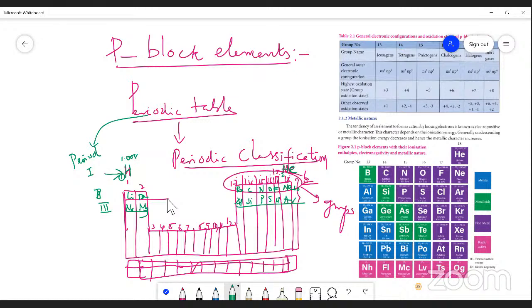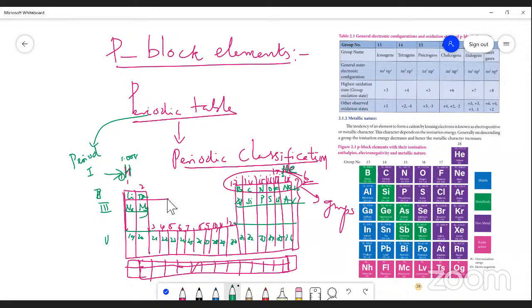Then here 19, 20, 21, 22, up to 36. This is the point you should write here. Up to this we say fourth period.